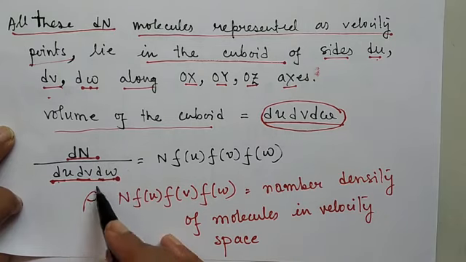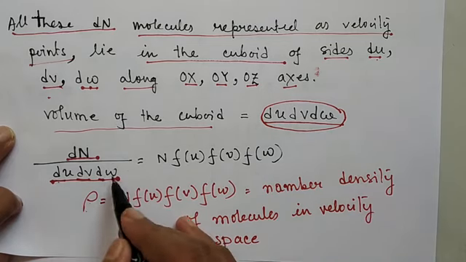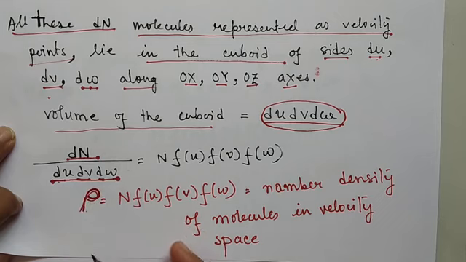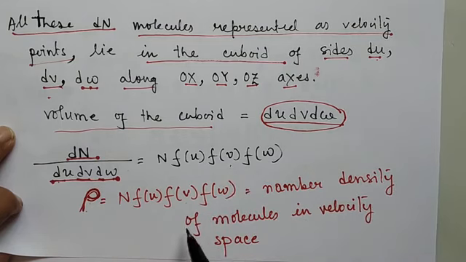So dn by du dv dw is a kind of number density, which is now denoted as rho, equal to n f(u) f(v) f(w), and is called the number density of molecules in velocity space.